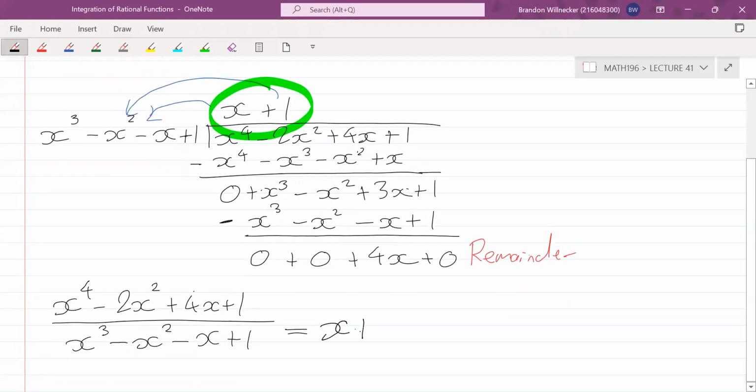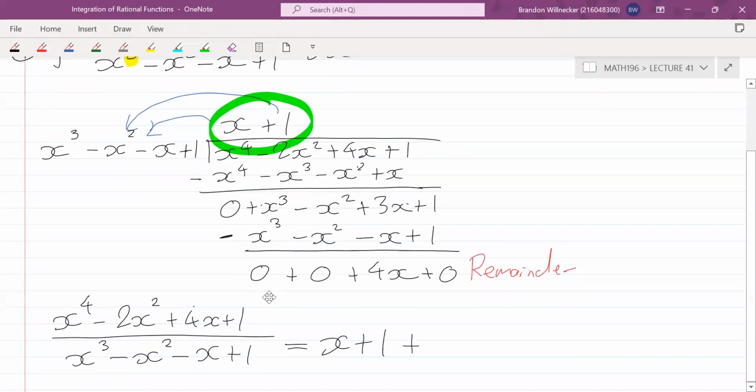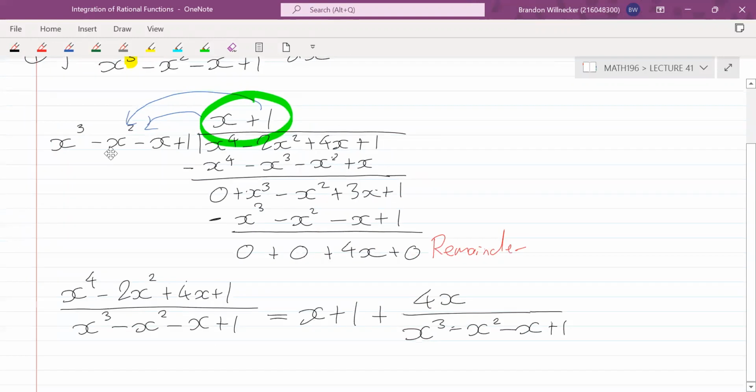So that's x plus 1, plus that fractional part or that remainder part that we usually get when we're dividing numbers, but here we're dividing polynomials. So this remainder part will then be 4x over x cubed minus x squared minus x plus 1.